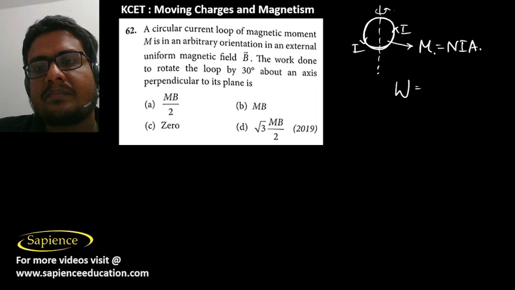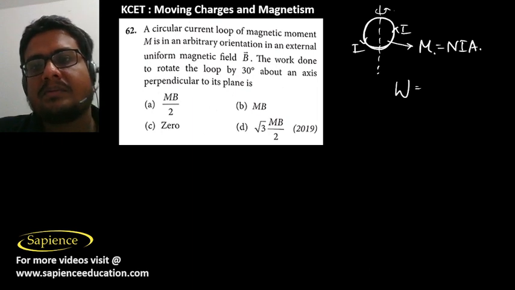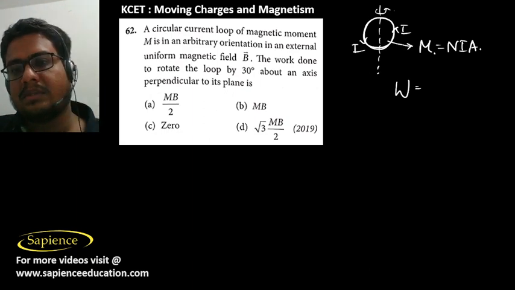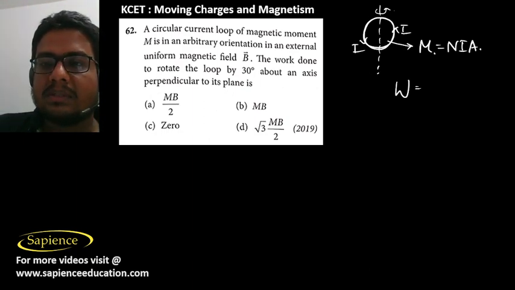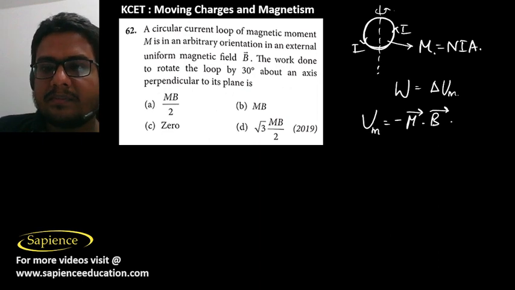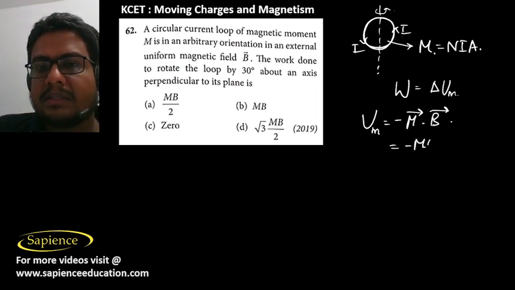Perpendicular to its plane, we have to rotate that. So we know that the work done to rotate the loop is equal to the increase in its magnetic potential energy. The magnetic potential energy is given as minus m dot b, which is equal to minus mb cos theta.